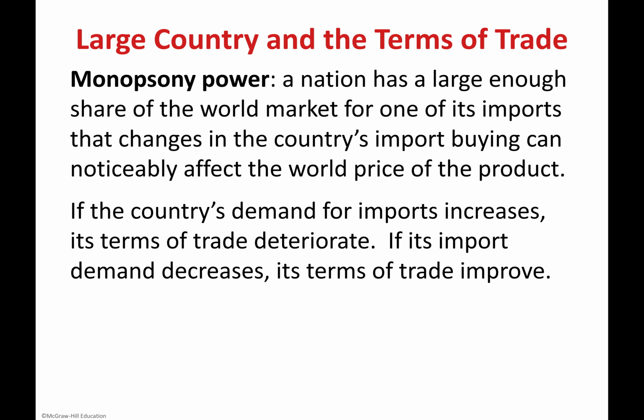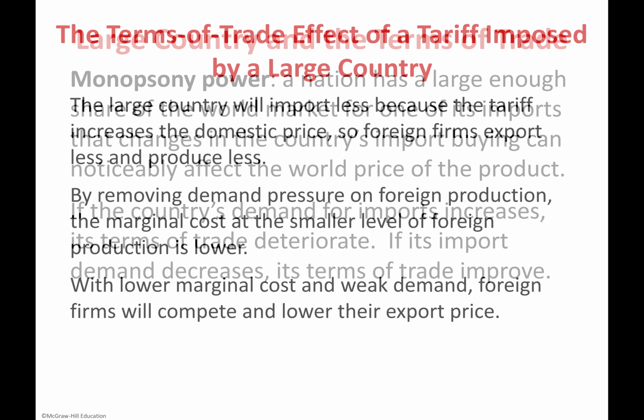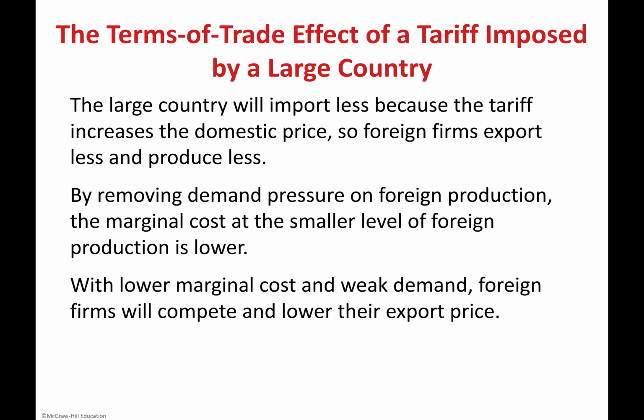So if the country's demand for imports increases, its terms of trade deteriorate. If its import demand decreases, its terms of trade improve. So these terms of trade are the rate at which the price of imports trades against the price of exports. That's what's called the terms of trade. The terms of trade effect of a tariff imposed by a large country.